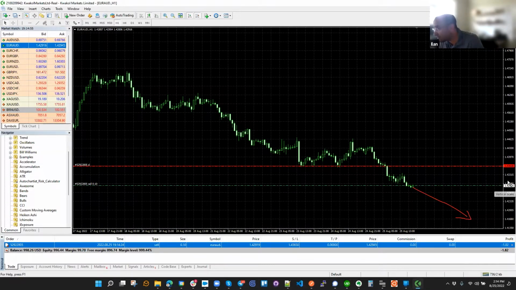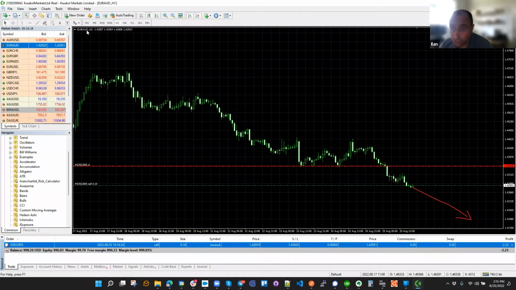Even if I count the number of points, right, pips between the current open position and the stop loss, it's going to take you a lot of work and a lot of calculation to figure out what the pip value is, right? Because Euro Australian dollar is not $10 a pip, right? Or $1 a pip.